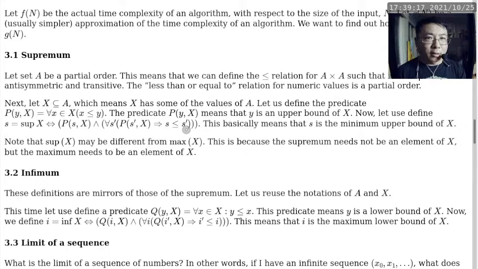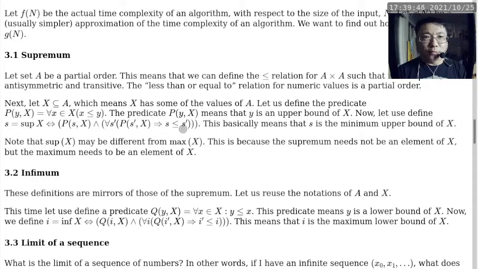So we are looking at all the upper bounds, and we want all the upper bounds to be greater than or equal to s. What is that saying? If you read the sentence right next to this, that explains it already. We're looking for the minimum upper bound of x. Of all the upper bounds, we want the one that is the smallest.